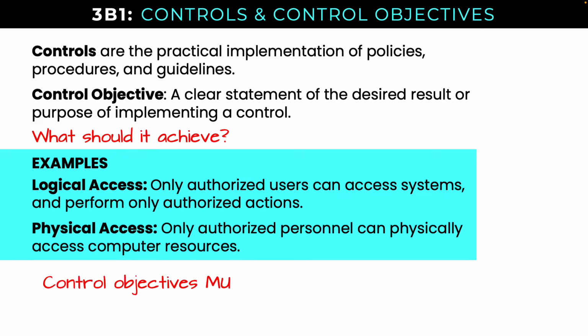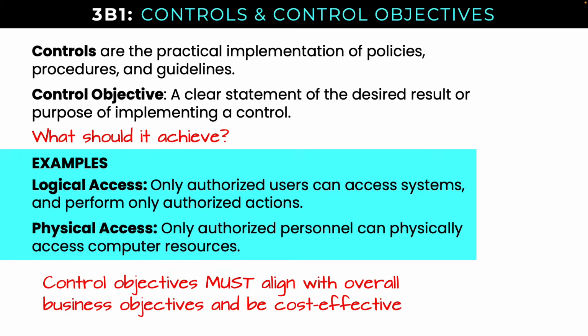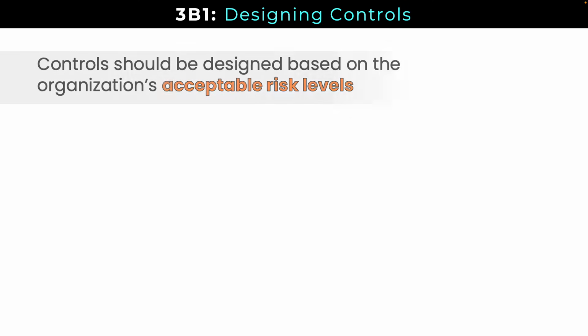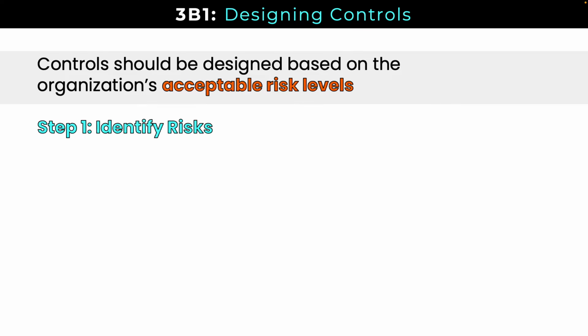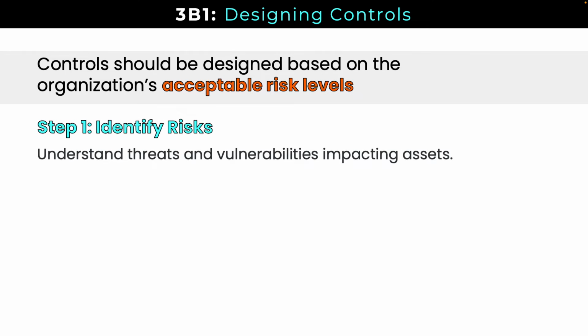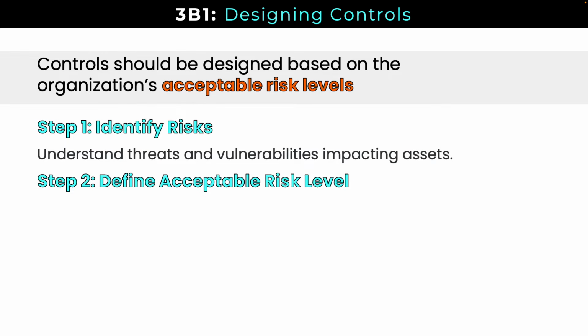And our control objectives must align with overall business objectives and be cost effective. So when we're designing controls, they should be designed based on the organization's acceptable risk levels. If we were to lay it out in steps, step 1, identify risks. Understand threats and vulnerabilities impacting the organization's assets. Step 2, define acceptable risk levels.